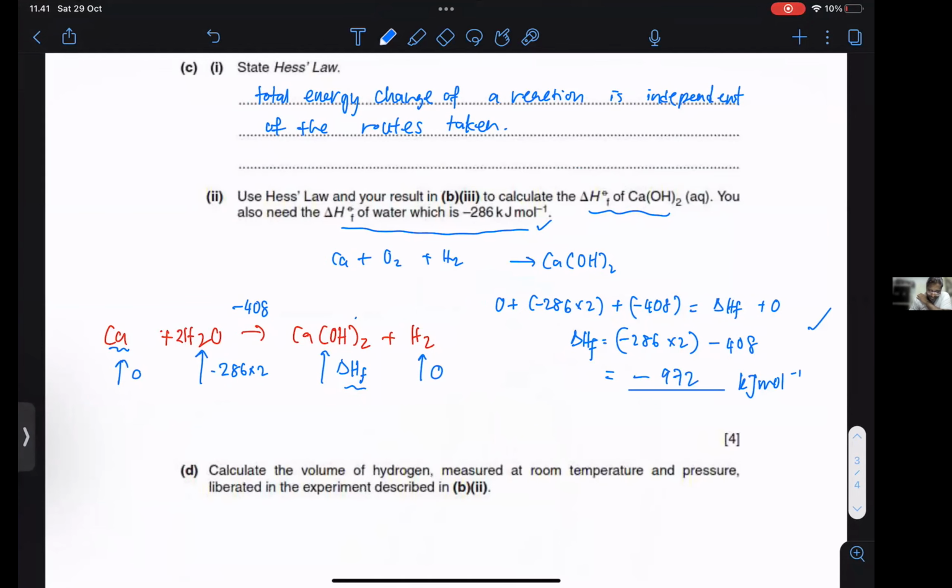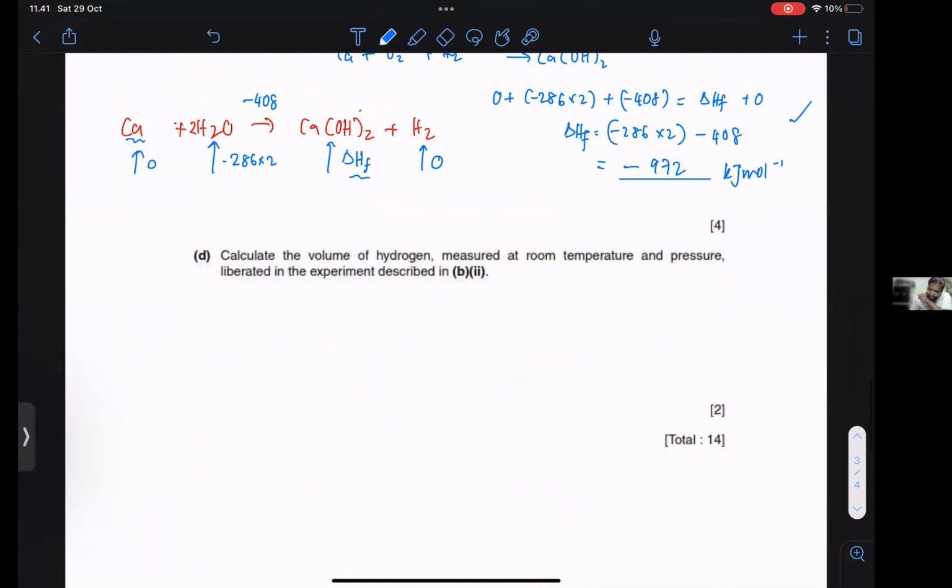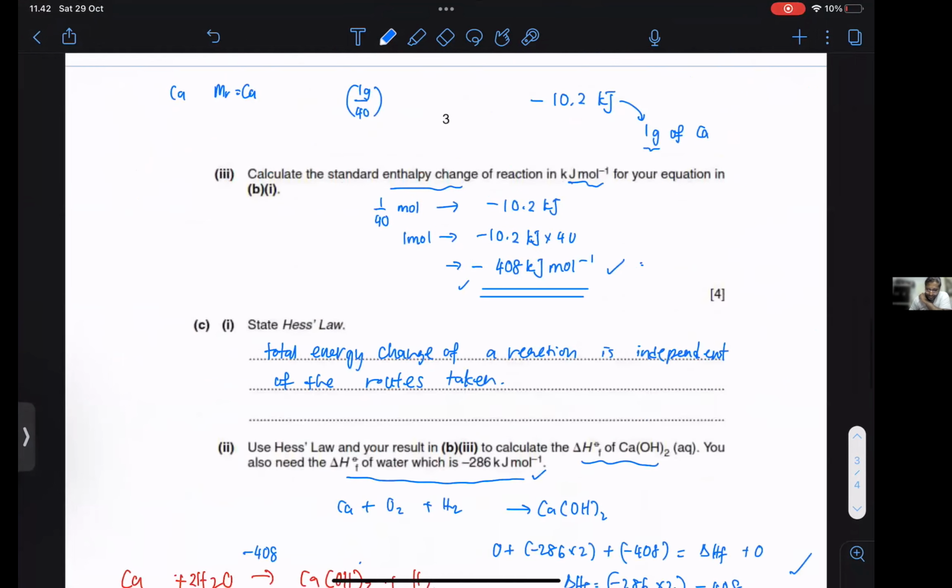Then the last one, they ask you to calculate the volume of hydrogen at room temperature and pressure. Do remember that at room temperature and pressure, 1 mole of any gas will occupy 24 dm cube. So let's see how many moles.